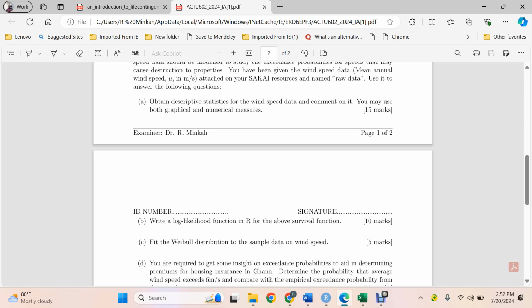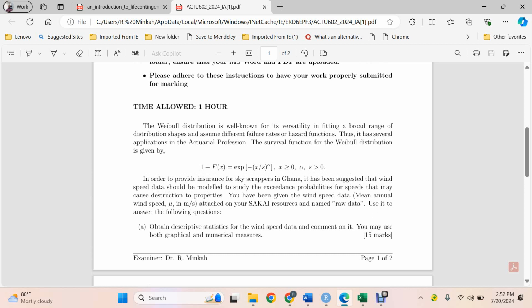Yeah, we can look at the survival function because we were given the survival function over here and obtain our likelihood. How do we do that? You find the product of which one? This function. Which function are you talking about? The survival function. Okay, how are you going to do that?